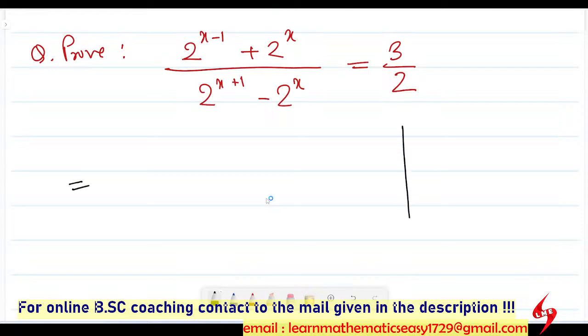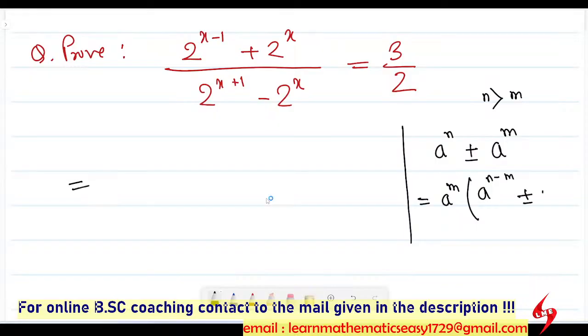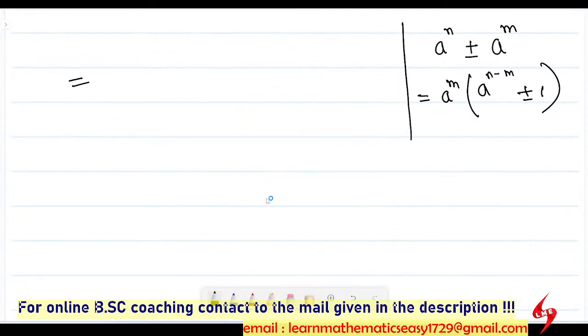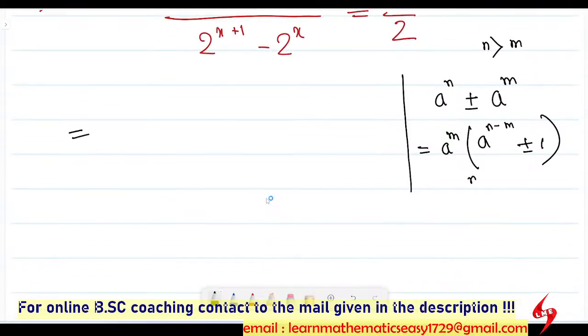Okay, the process is, if I have a to the power n and a to the power m, it may be plus, it may be minus, and remember, if m is greater than n, I can take the common n portion, and the power of the greater term will be subtracted like this, and that will be 1 as well.